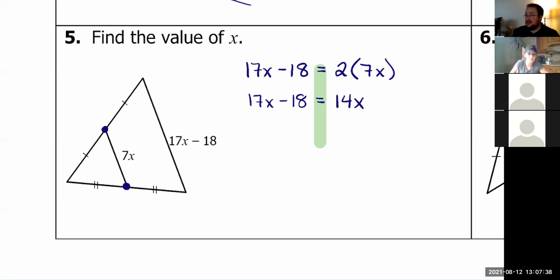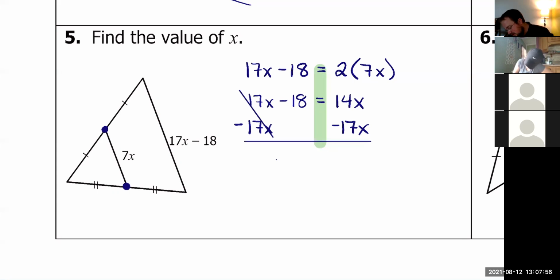Now, my algebra students, you're going to cringe because normally I'd say move the smaller of the 2, but I also know it's all going to work out in the end. I'm actually going to move the 17x so I don't have a 0 on one side. It's going to save me a step later. So I get negative 18 equals, what is that?